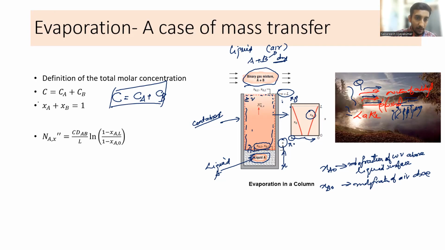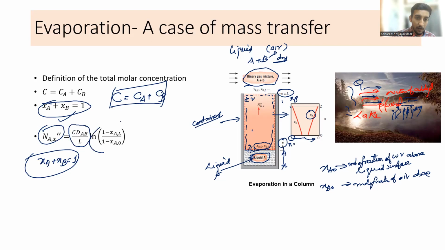Also, the sum of mole fractions at any section would be 1: Xa plus Xb equals 1. And the mass flux, NaX double prime, is C DAB by L into ln of (1 minus XAL) by (1 minus XAO).